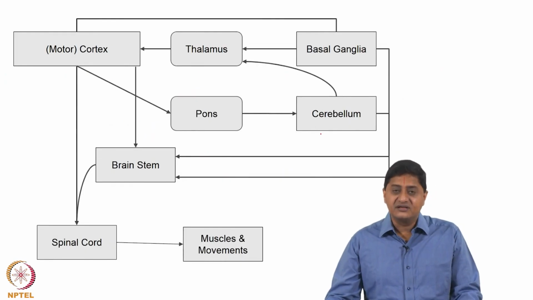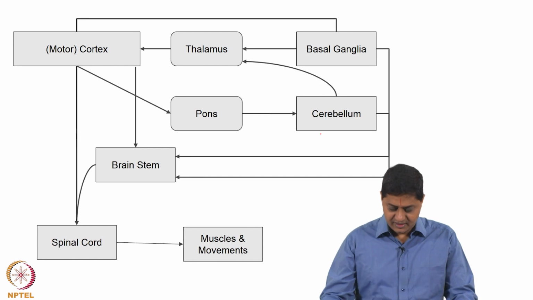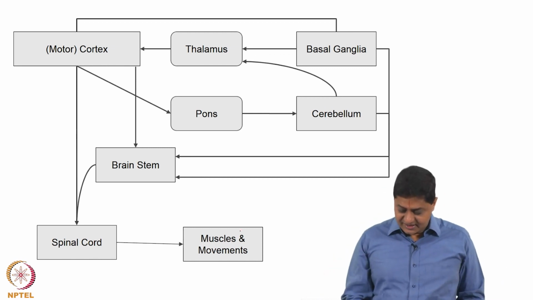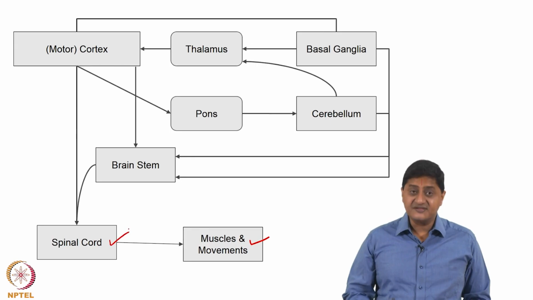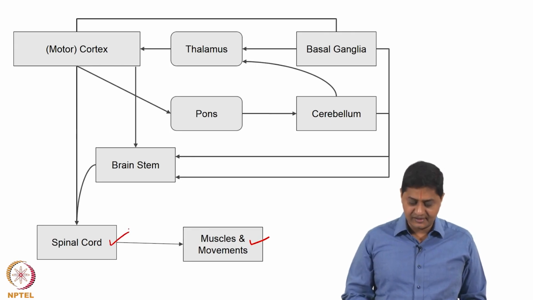But before that, let us discuss the role of basal ganglia in movement generation, because this is a course on neuroscience of human movement. Let us go back to our original slide on movement related structures and their contributions. We said movements are generated by muscles. We have discussed the physiology and the neurophysiology of muscle function, and muscles themselves are controlled by the spinal cord or spinal motor neurons. We have discussed the role of the spinal cord in that.